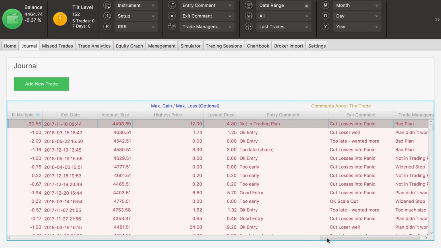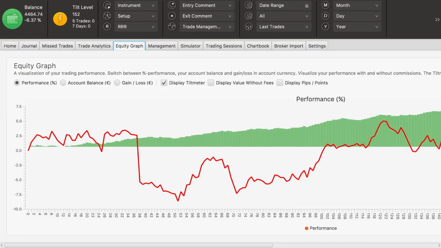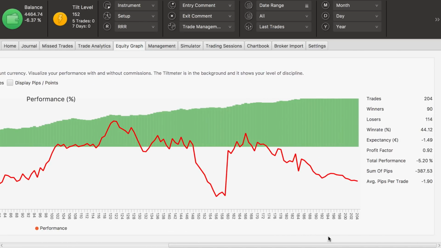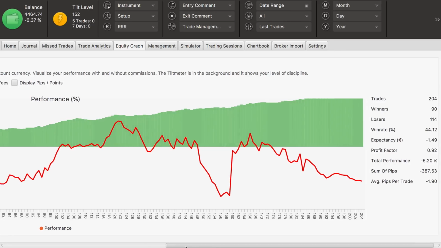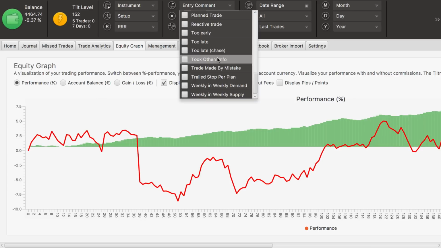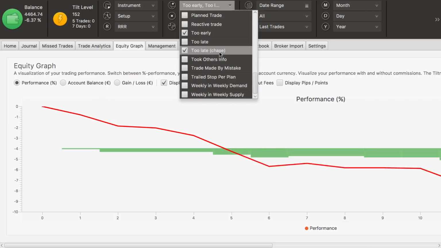We can take this a step further when we go here to our equity graph, and let's just take a look at the trades where he used those comments, and let's see how much he's really losing, because this can sometimes be a real eye opener. So keep in mind, we are in this journal on a -6.37 drawdown, or in a total loss overall. Let's just take those trades where he said he entered too early and where he chased the price.